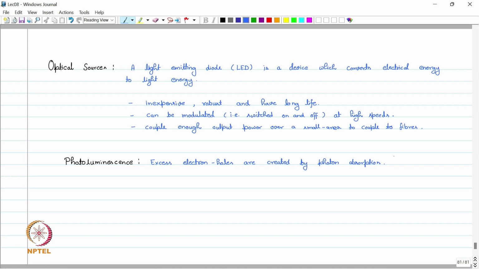The photon is emitted by recombination. This process is called photoluminescence.